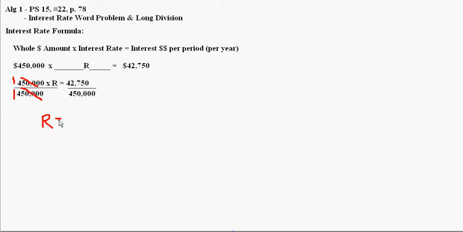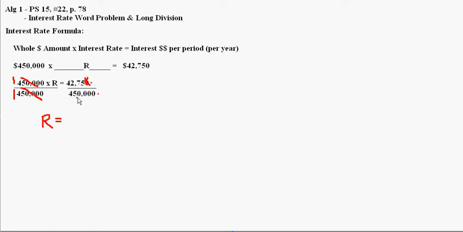Now similarly, I can reduce the right side of the equation. 10 goes into both the numerator and the denominator. I know that because they both end in 0. So if I divide 10 into the numerator of 42,750, I'm left with 4,275. Same thing, I have to divide into the denominator too.